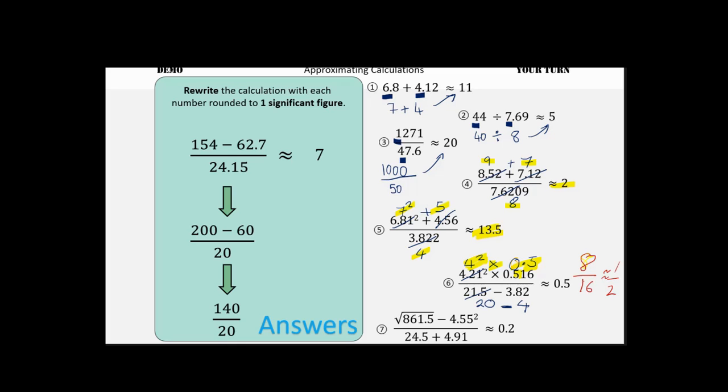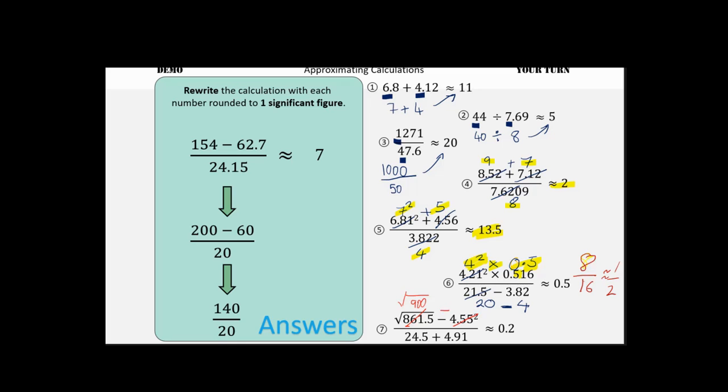Having a look at the final ones. 861, so that's my first significant figure in the hundreds column. This is closest then to 900, and from that I'm going to take away this number 4.55. The first significant figure is the 4.